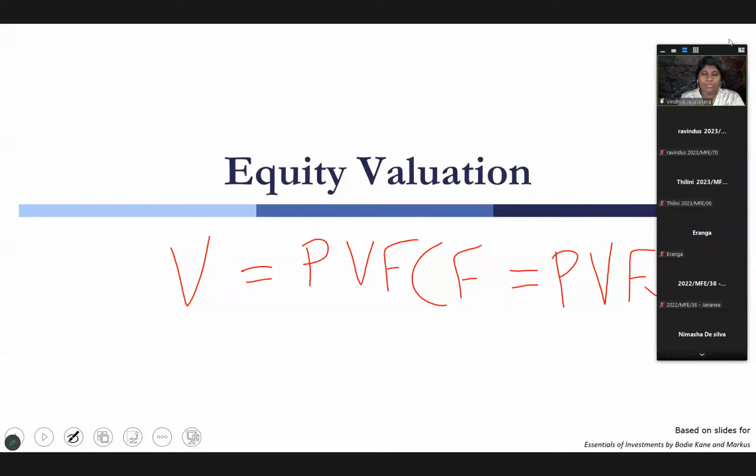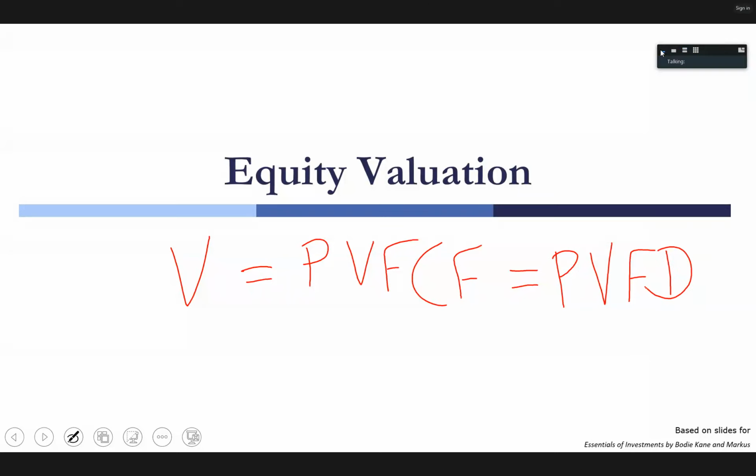Based on that rationale, we say the value of the company, how much it is worth to you, is the present value of your future dividends, based on certain assumptions, of course. Assuming that this company is going to be a going concern forever, and that you're going to get this dividend forever, then you can look at the present value of future dividends to come up with the value of the company. So this is where we start.